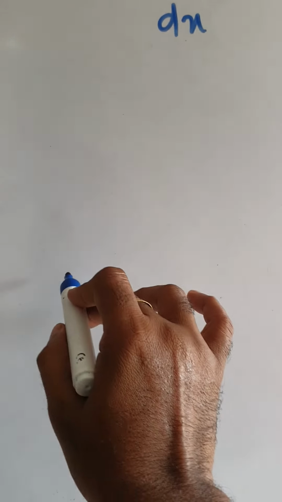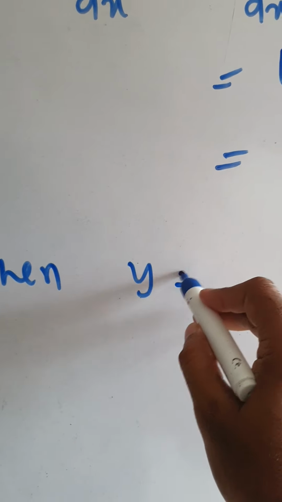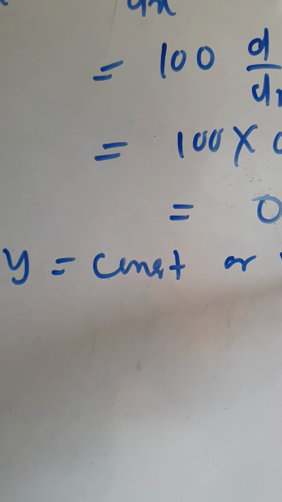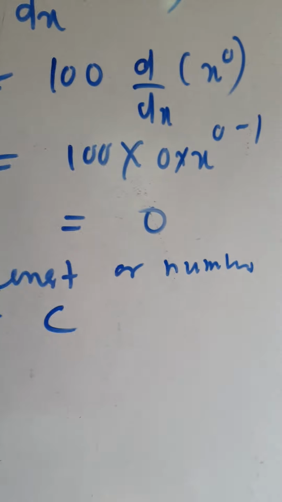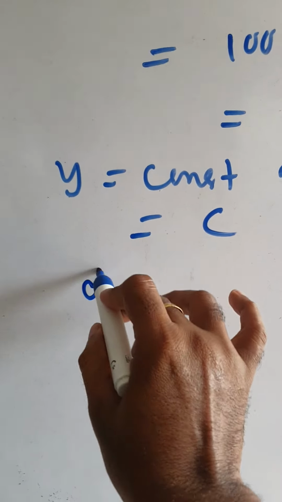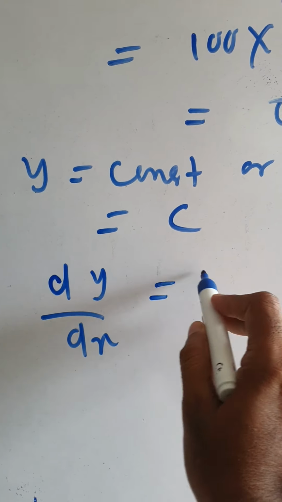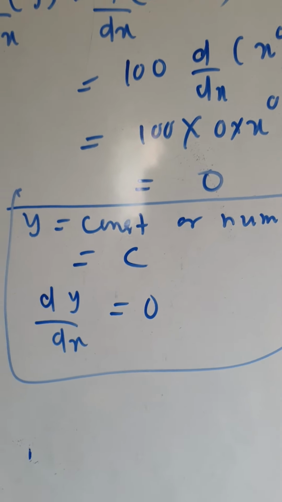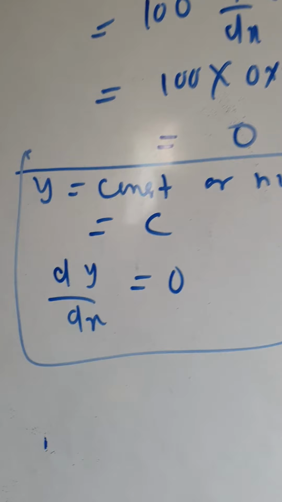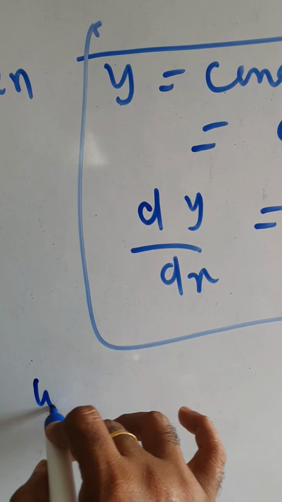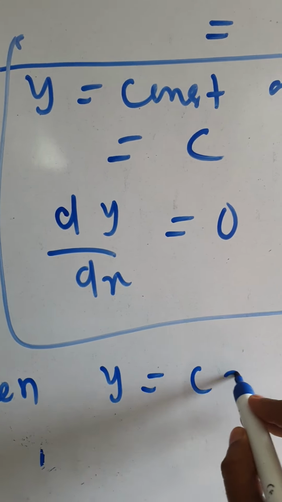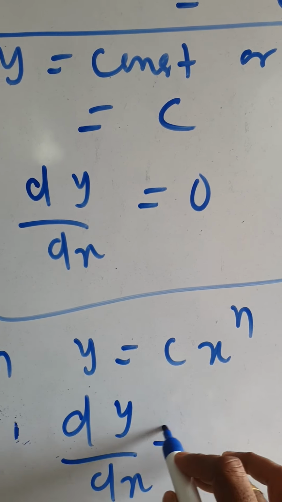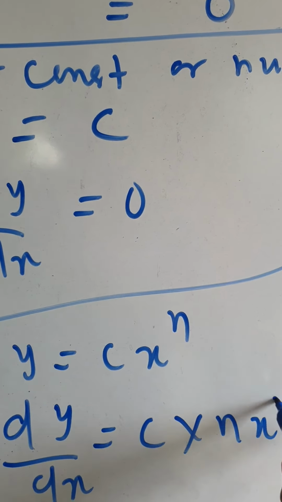Another formula: when y is equal to a constant or a number, in books the constant is written as C, then dy by dx is equal to 0. This is one concept. Another concept: when y is equal to a constant times x to the power n, then the constant is taken outside, and dy by dx is the constant times nx to the power n minus 1.